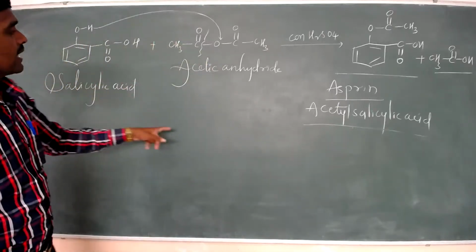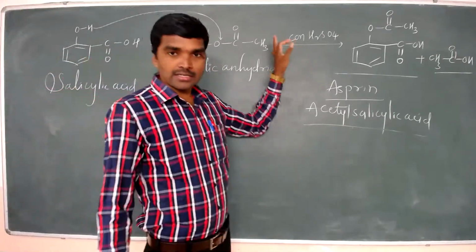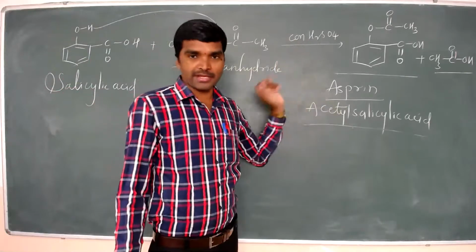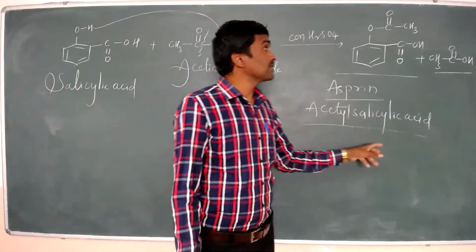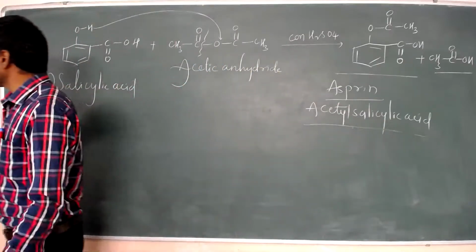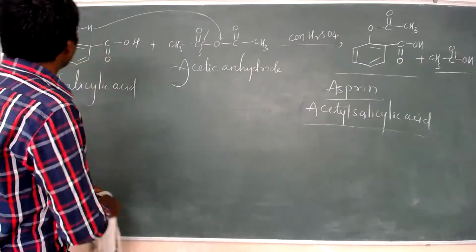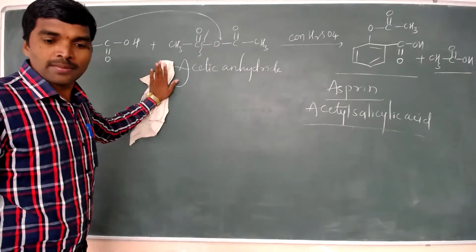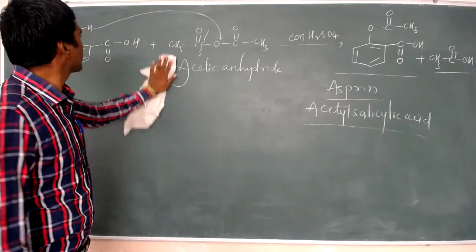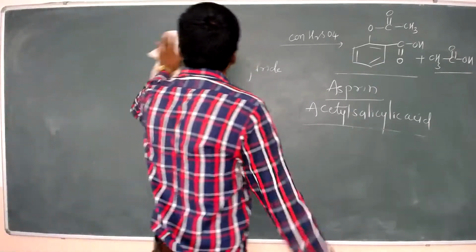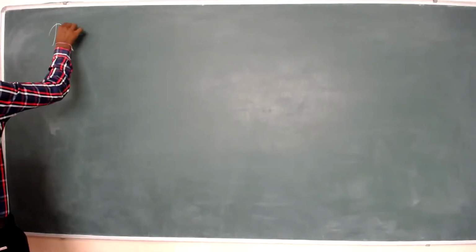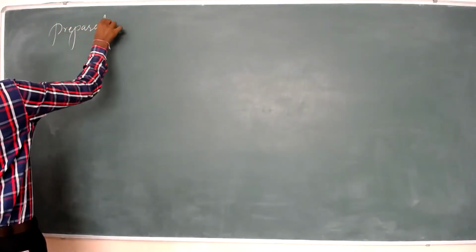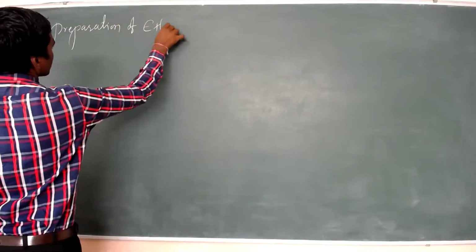So salicylic acid reacts with acetic anhydride in the presence of concentrated H2SO4, then aspirin, or acetyl salicylic acid, is formed. Next, now we'll go for the preparation of ethers.